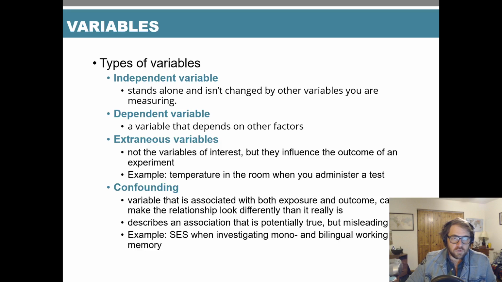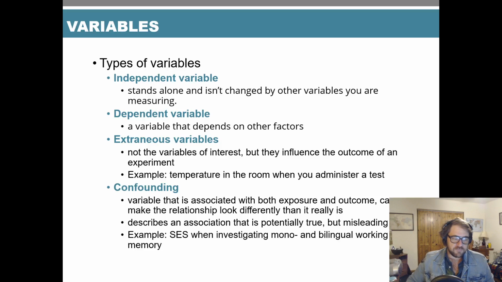If the room's really cold and you have a hot pocket and an ice cream, people might go for the hot pocket because they're already freezing. They don't want to be more cold. And if it's a warm room, they might go for the ice cream. So the temperature in the room, these are extraneous variables that could influence what's going on.